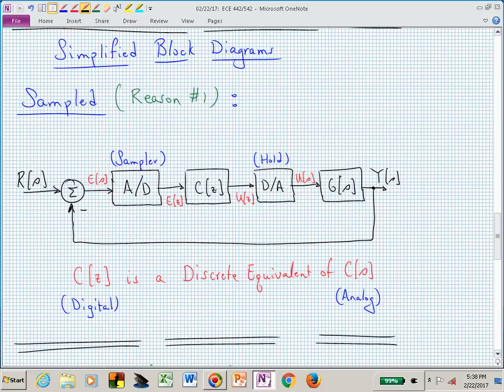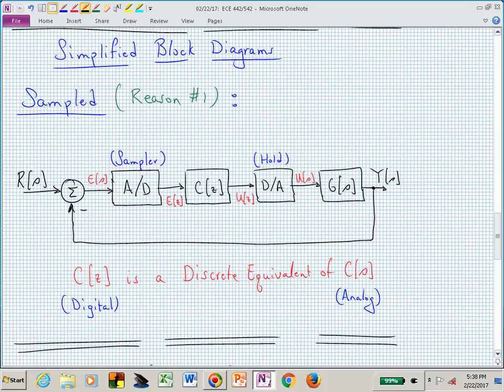What are you going to need? Well, you're going to have to sample the error signal, go from analog to digital. Now you'll have a string of numbers that you can feed into your C of Z or your difference equation, and then that will just pop out a sequence of numbers, and you'll have to apply that to your plant. And in this case, you need to convert that digital to an analog.